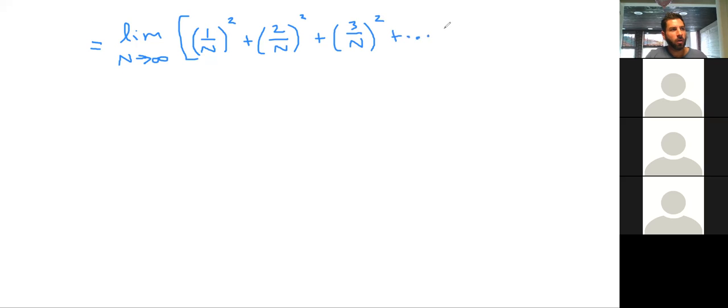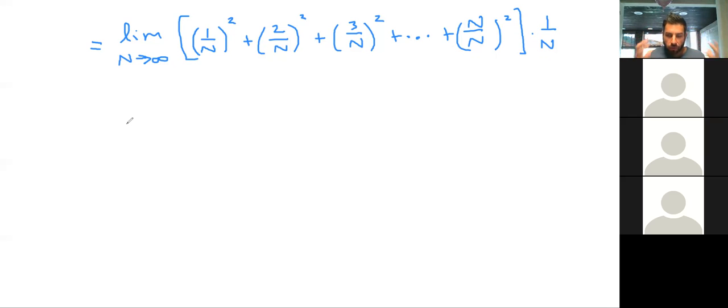And I'm going all the way out to n over n quantity squared. And then I'm taking this and I'm multiplying it by 1 over n. Now, if you were thinking in SOBIT, this is sort of what you were alluding to at the beginning of class. This is just a sum times something.